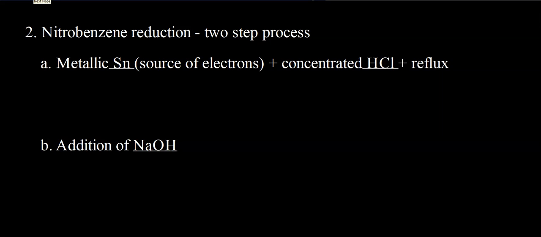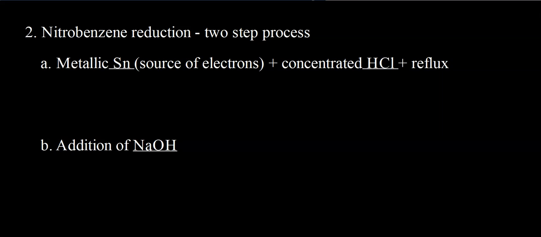This process is going to result in the formation of aminobenzene or aniline. So this time we need our reaction conditions. We need tin and concentrated hydrochloric acid, and this will be heated under reflux.